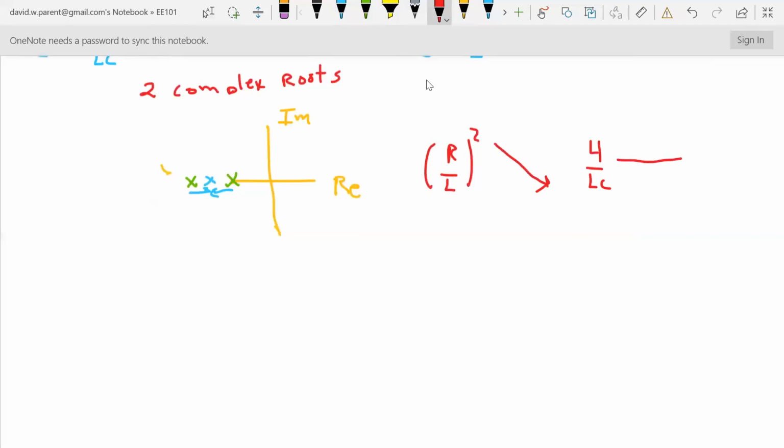Keep 4LC constant, but keep this term going down. It'll start off overdamped, then it'll get to critically damped. Then if it keeps getting smaller, you get two complex poles. The complex pole thing will have e to the minus t, but it will also have some oscillation to it. All right.